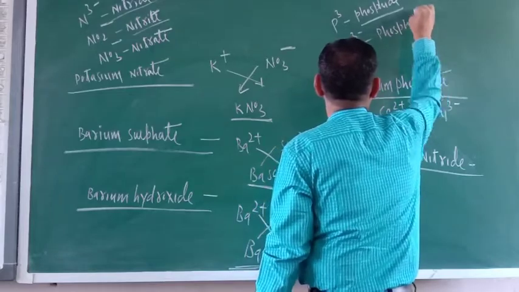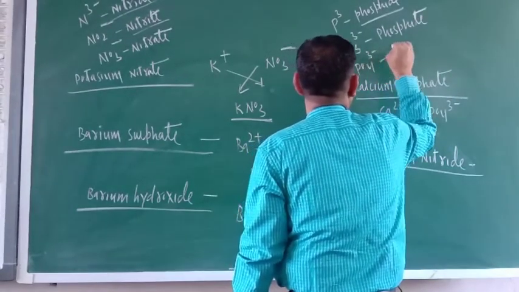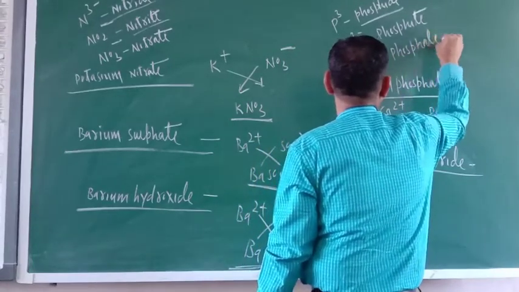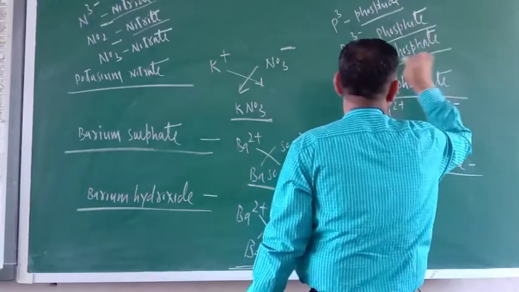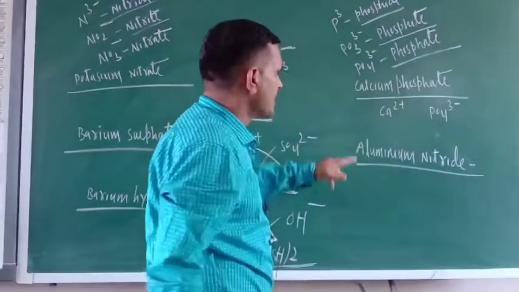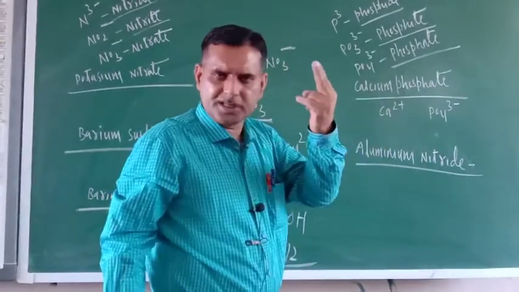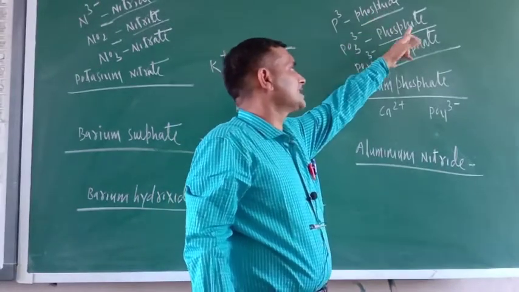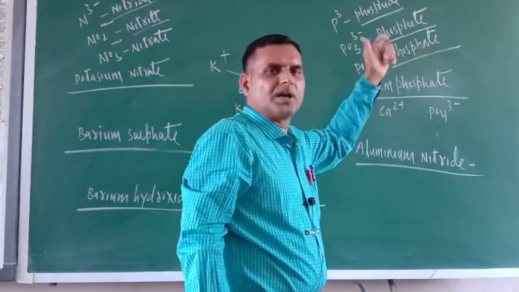PO4 3 negative is phosphate. So this is phosphide, this is phosphite, this is phosphate. Remember, these are just spelling differences: this is IDE, this is ITE, this is ATE. That is the only difference.